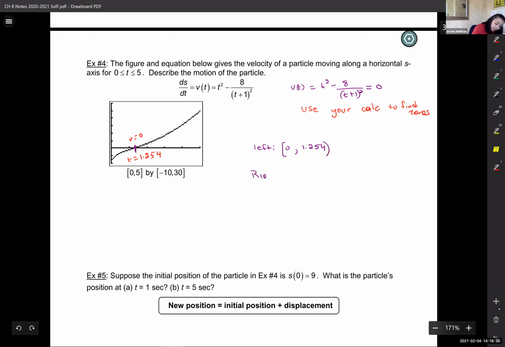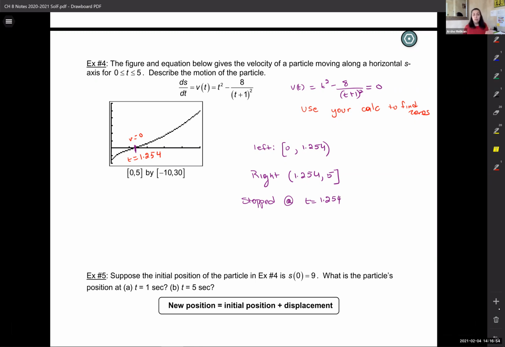It's moving to the right after that until 5. And it stopped at t equals 1.254.